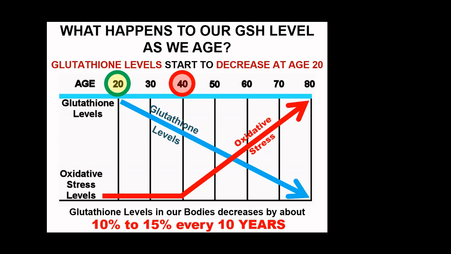And when you're 60, then you're 40 to 60% less. So that's already significant, which means your oxidative stress goes up, your inflammation goes up, your immunity goes down, your toxicity goes up, your signaling capability goes down. So everything that requires glutathione will be affected.